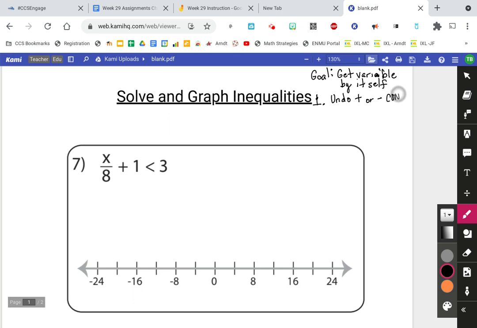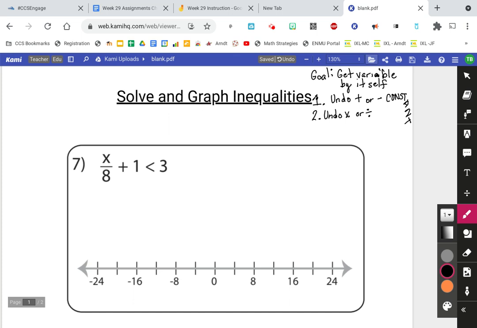We can also think about that as undoing addition or subtraction of the constant. Sorry, I ran out of room there. And then that's step one. Step two, we have to undo multiplication or division of the coefficient. And I'm not going to try to write coefficient because I don't have enough room.